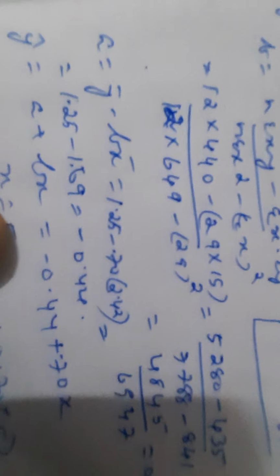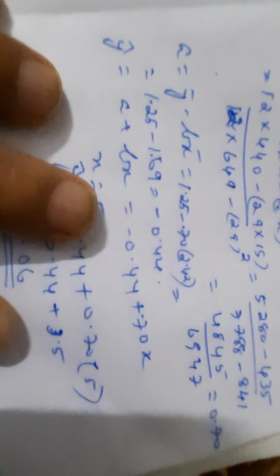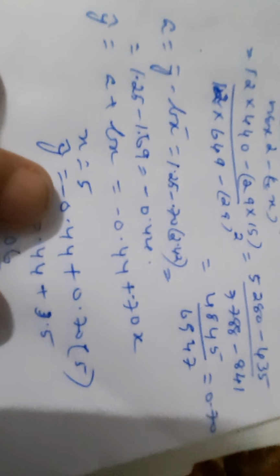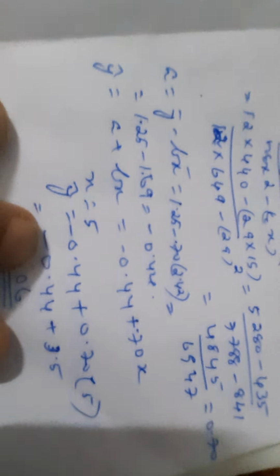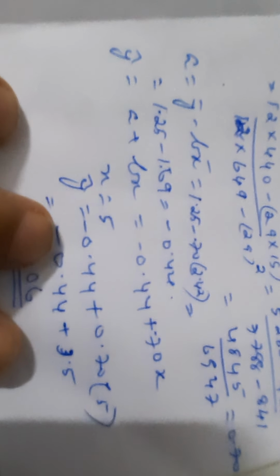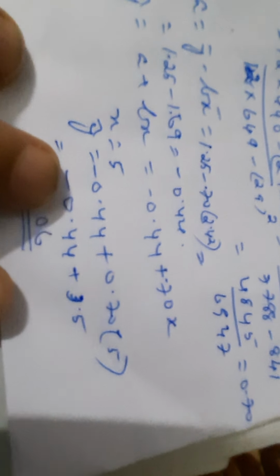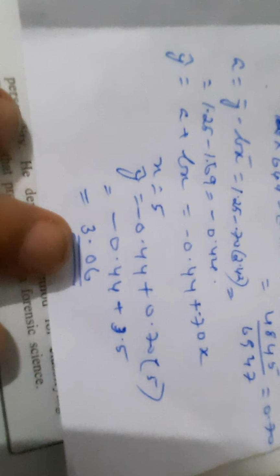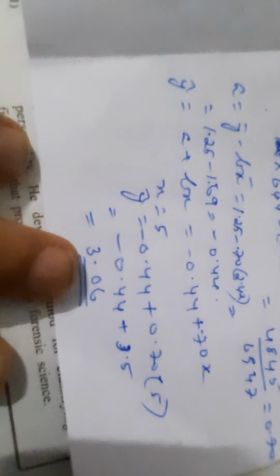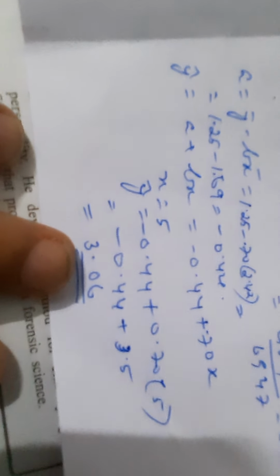We get it as minus 0.44. So we write a plus bx is equal to minus 0.44 plus 0.7x. When x is equal to 5, y cap is equal to minus 0.44 plus 0.70 into 5, which is equal to minus 0.44 plus 3.5, which is equal to 3.06. That is the correct answer.